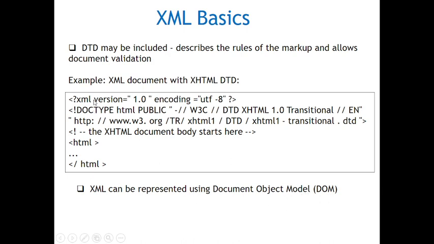This shows the start of the XML document with version. This DTD will describe the rules you have to follow when you create the tags. Otherwise, it will show you the error. That's why you are having these settings here.